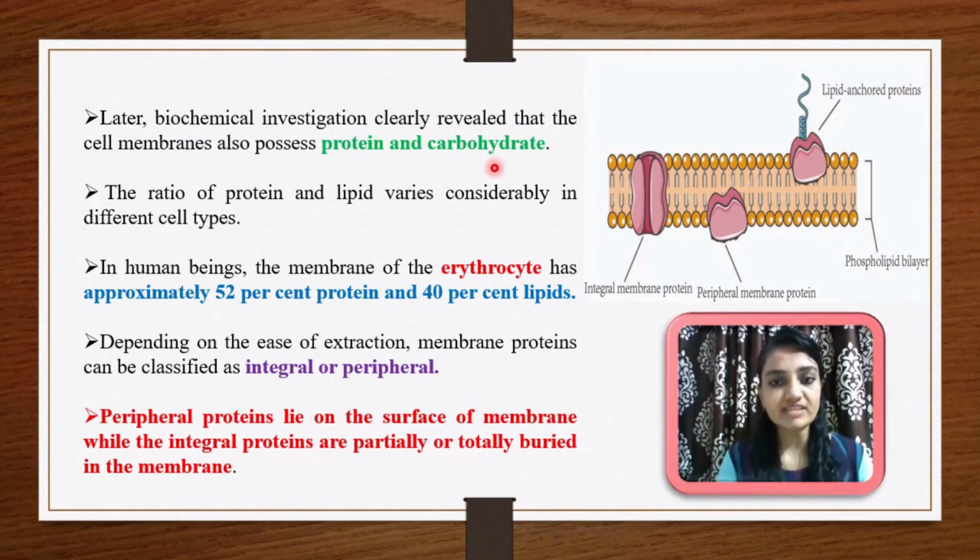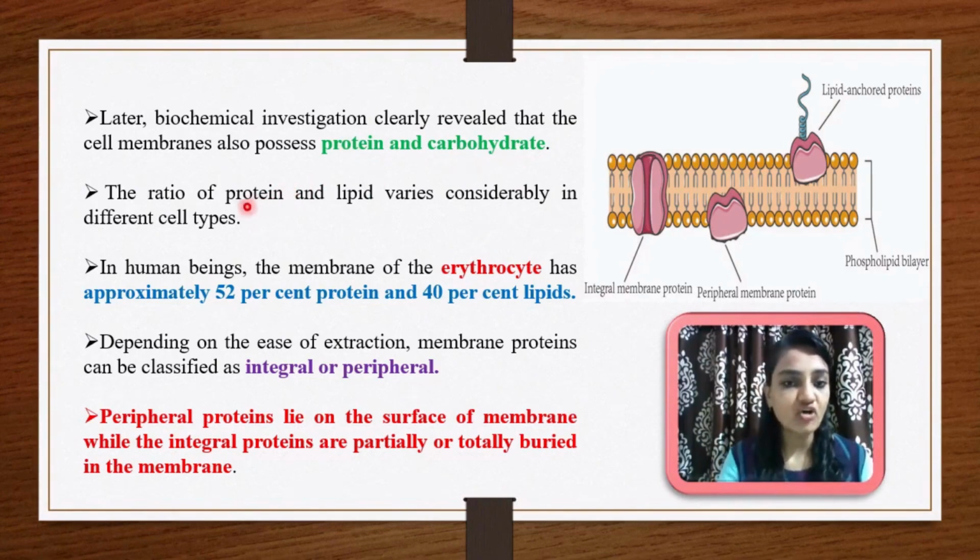Here you can see in the diagram the protein embedded inside the lipid layer. So it is confirmed that along with the phospholipids, proteins and carbohydrates are also components of any cell membrane.